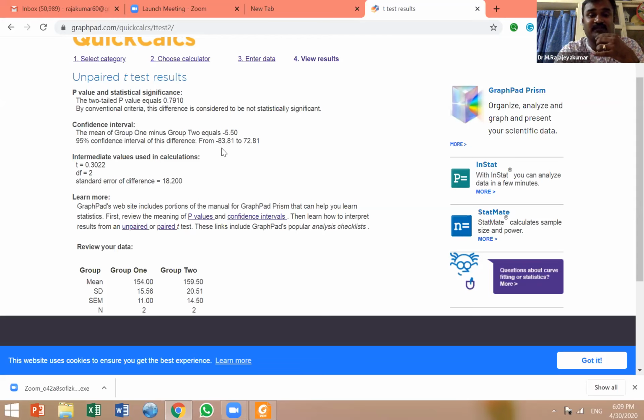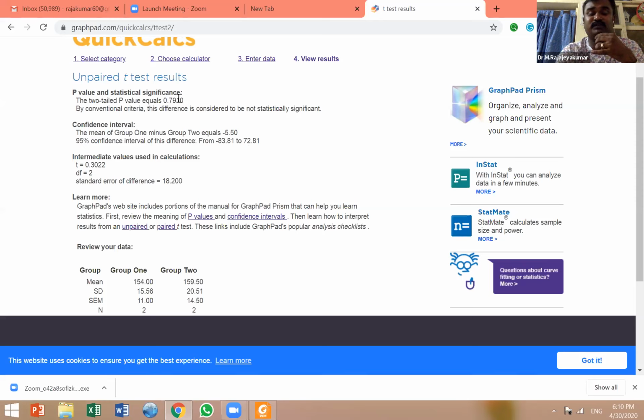You see whether the sign goes from minus to plus, it includes 0. Whenever the confidence interval includes 0, the p-value will not be significant. Whenever the sign is the same, minus to minus or plus to plus, the p-value will come significant. So indirectly we check whether the p-value is significant or not based on the confidence interval.